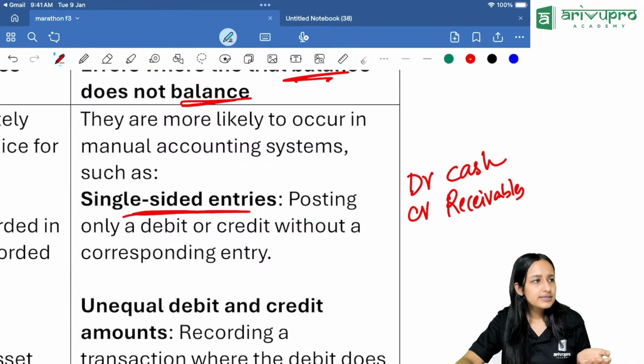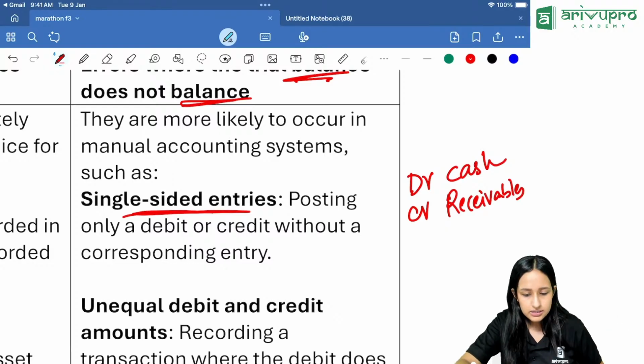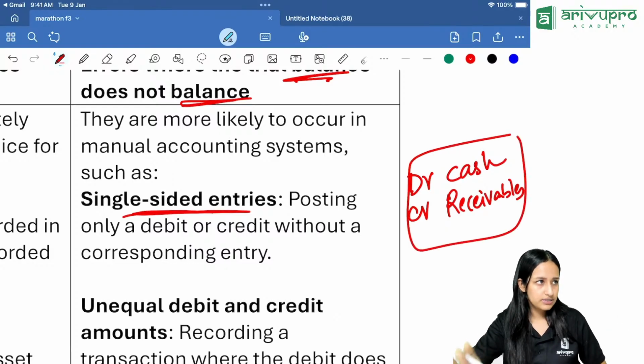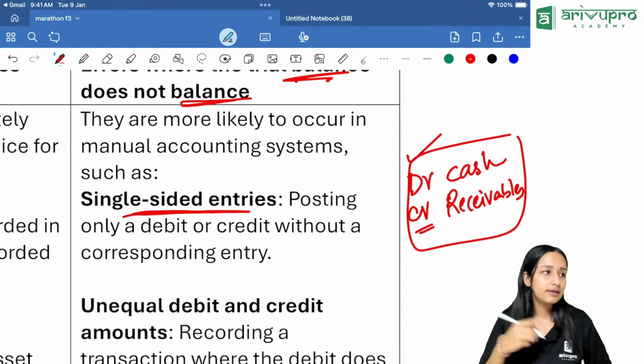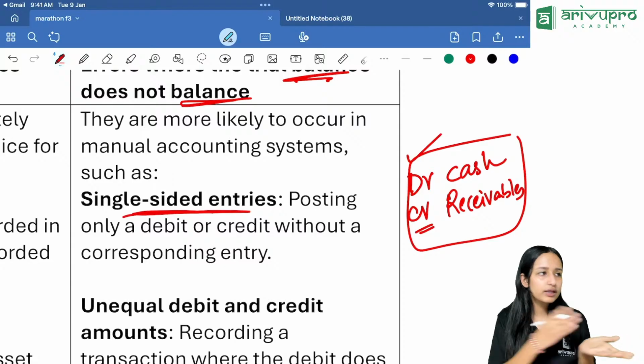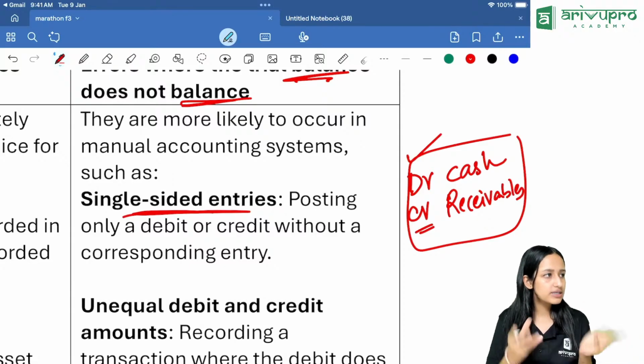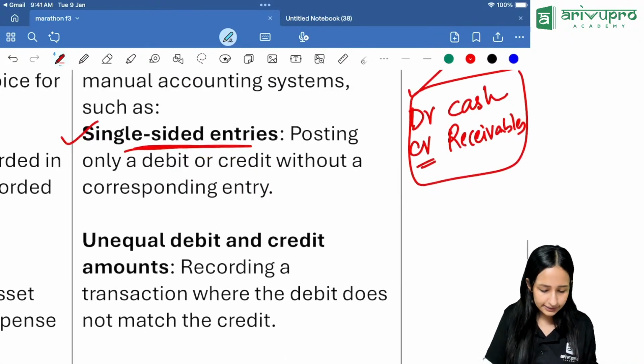Receivables, an asset, is reducing, so cash is coming in. This is when money is coming in for receivables, right? Now, instead of putting it in the credit account as well, we have only taken it in the debit account. Then only one side will show the money. Obviously, it will not match.